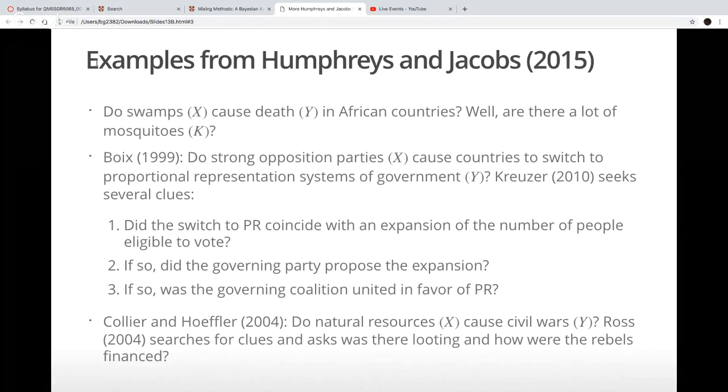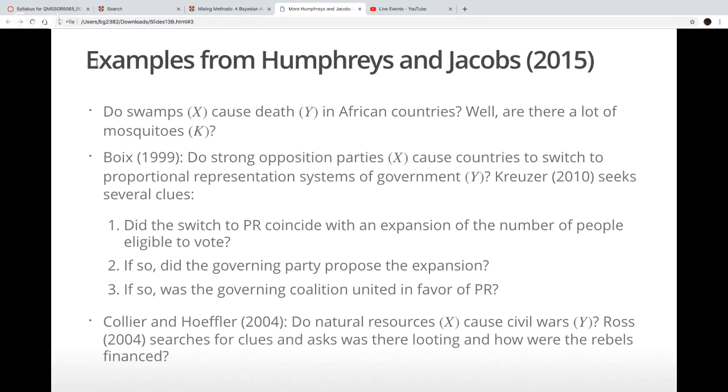Mosquitoes carry malaria and other sorts of deadly diseases, and then they bite people. So it might seem a little bit weird to you from a statistical perspective, or from a probability perspective or philosophy of science perspective, to say, do swamps cause death?